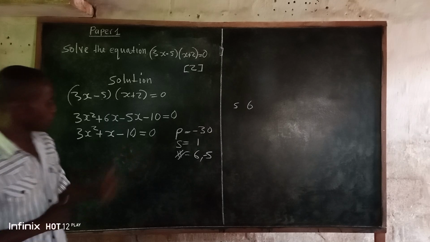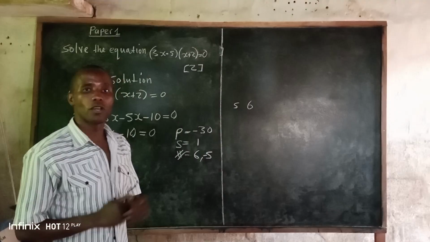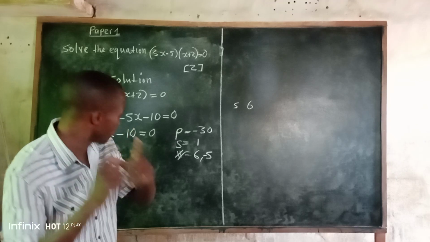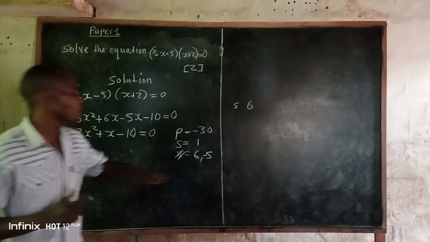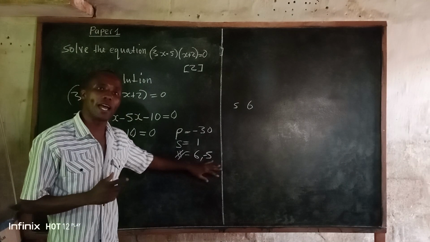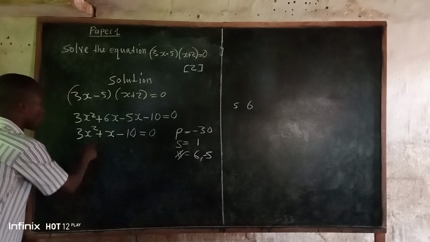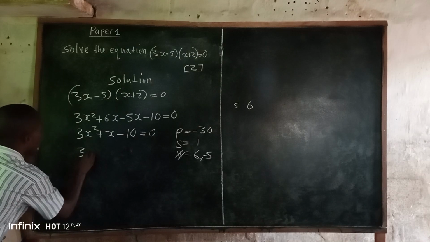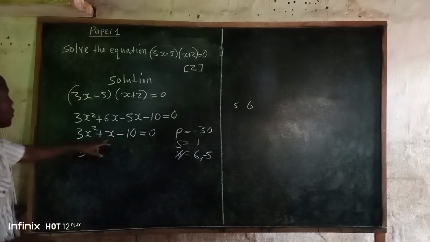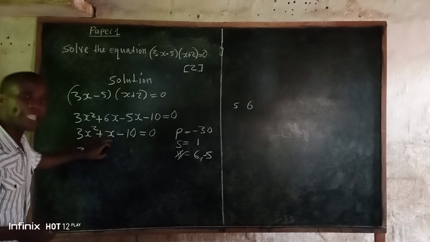Okay, now having done this, we are now going to substitute on the middle term using those 2 factors that we have found. So in this case, our middle term is this x.